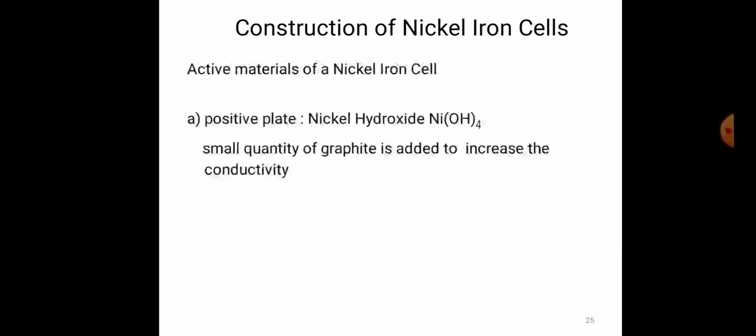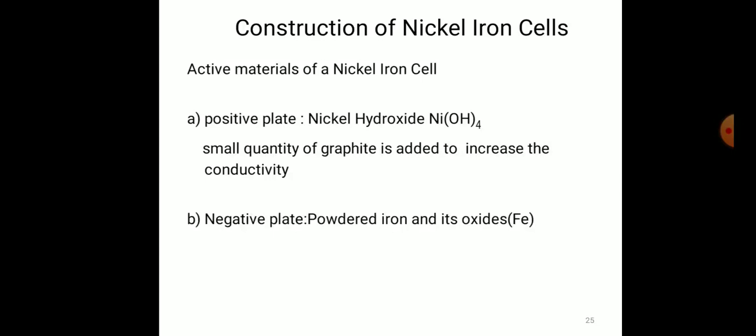Now the construction of the nickel iron cell. We already know that the active materials of the nickel iron cell are the positive plate, the negative plate, and the electrolyte. For the positive plate, we use nickel hydroxide.